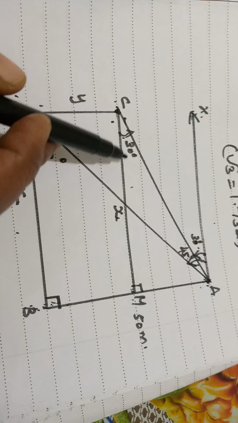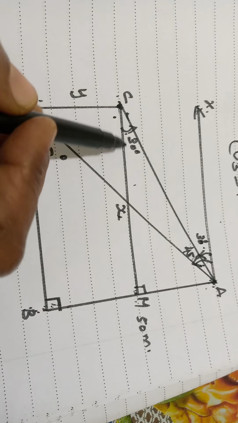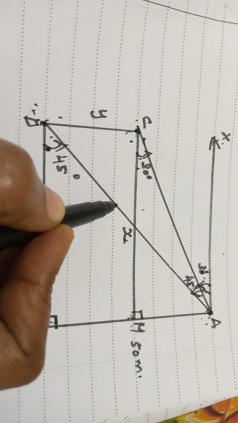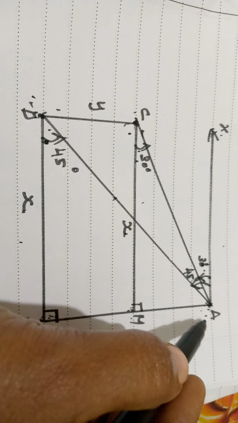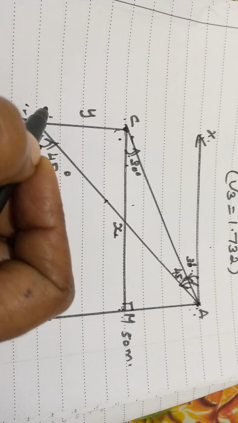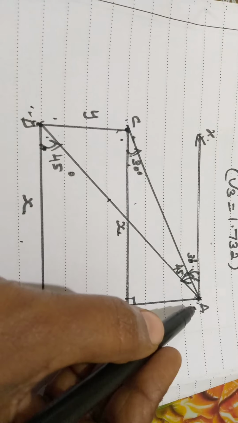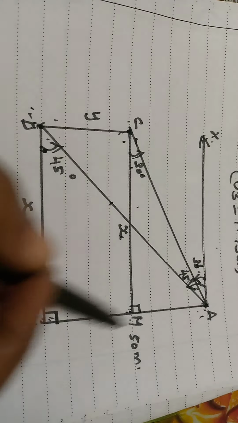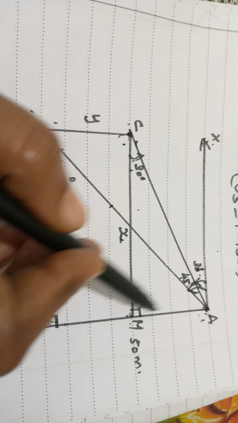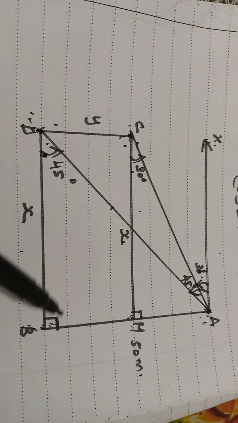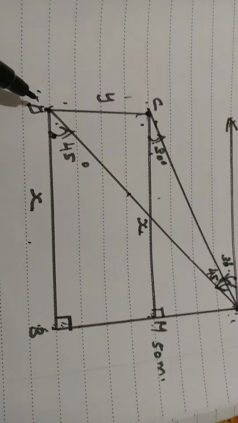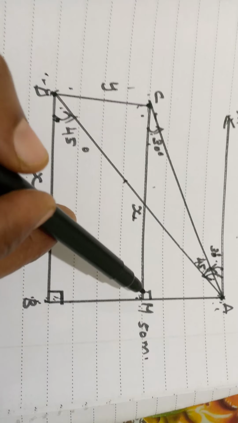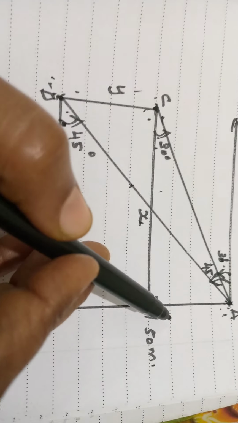So here tan ratio can be used. What is tan 30 here? AM by CM. CM value we have. To find this CD we need this AM. We have the total value, so if we have AM, we can subtract and get this CD value. So first, using this right triangle AMC, we are going to find the value of AM.